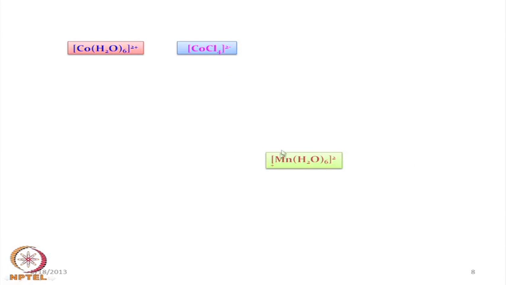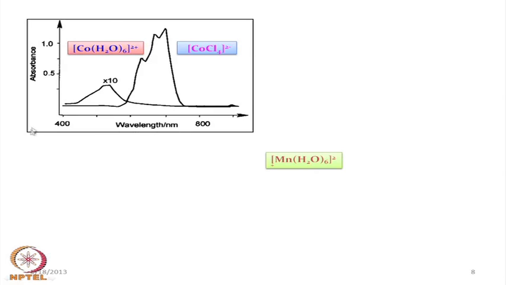So we have seen this example, the hexaaquamanganese 2 plus, which gives very weak transitions, and in case of these two cobalt compounds, the lambda max value is very weak.